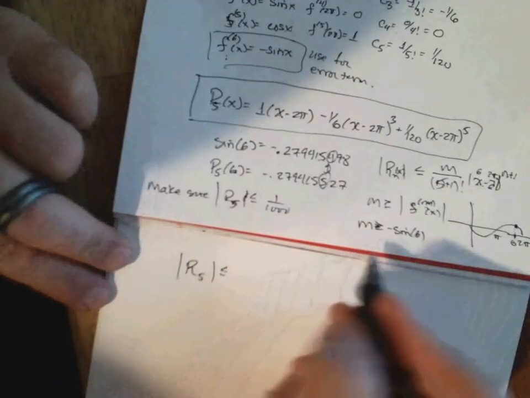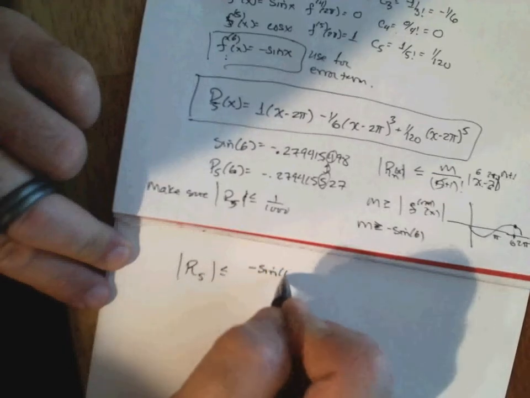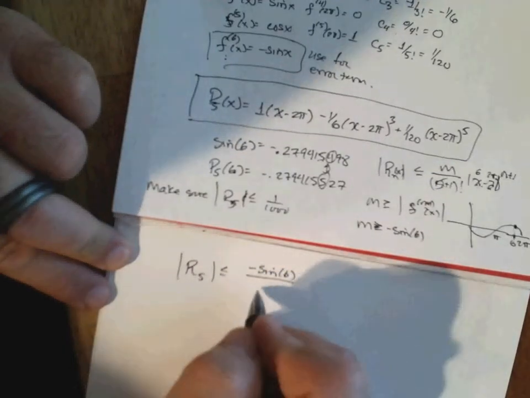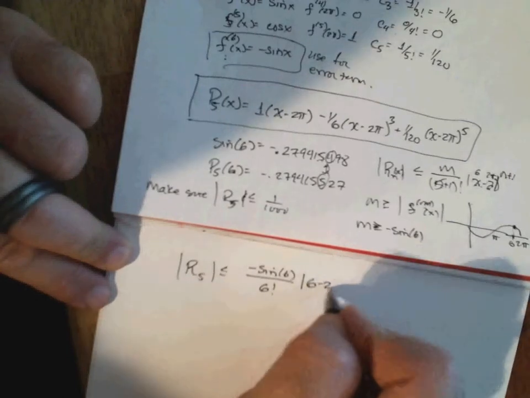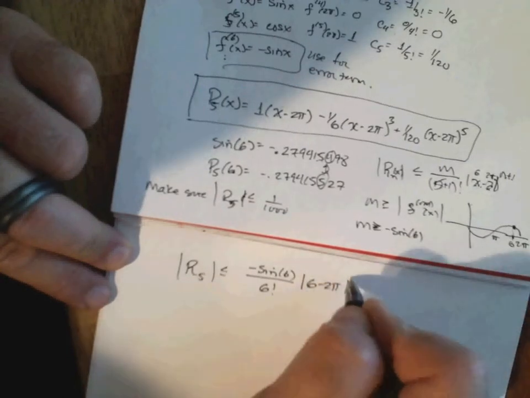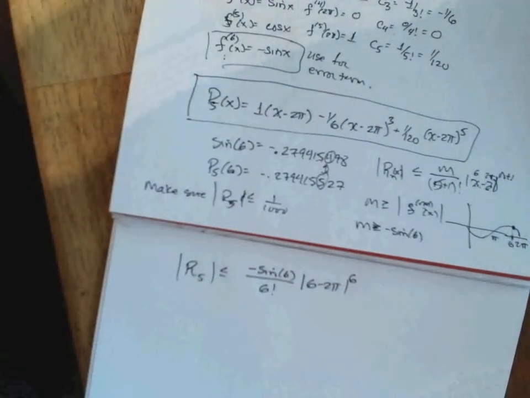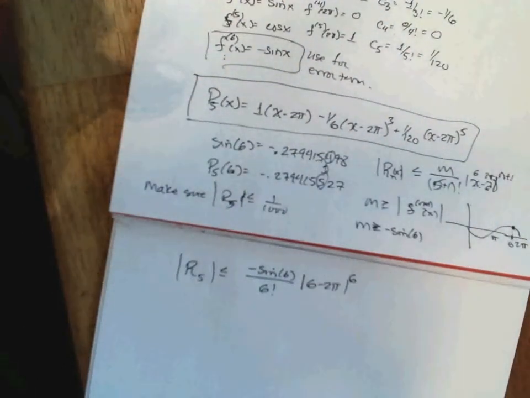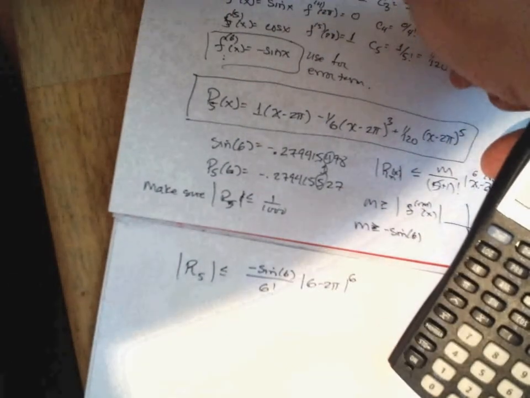So r sub 5 is less than or equal to m, which is going to be bounded by negative sine of 6, divided by 6 factorial times 6 minus 2 pi in absolute value to the 6th power. And that's what we want to evaluate to get our error bound.